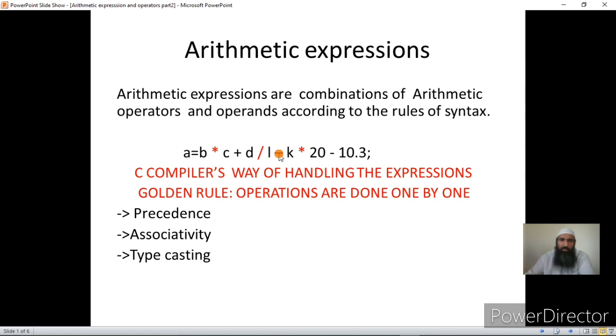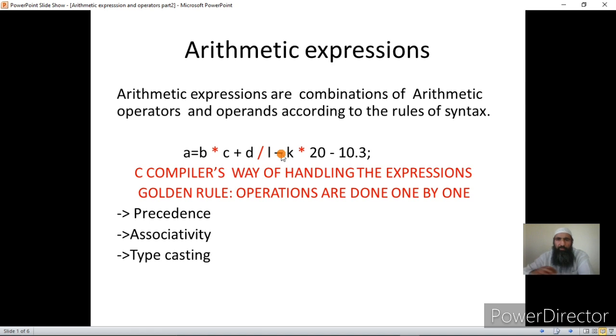Let me explain with the same example. Now in this expression we have the multiplication operator, addition operator, division operator and subtraction operator. Now the question arises, which operation should we perform first?